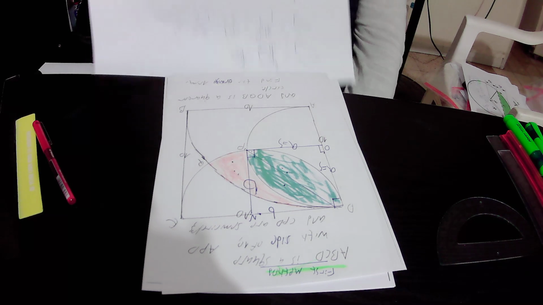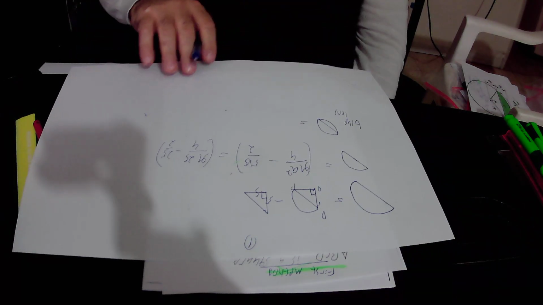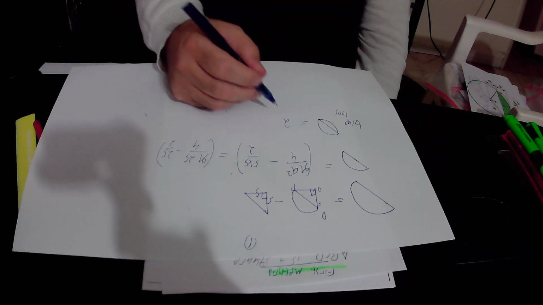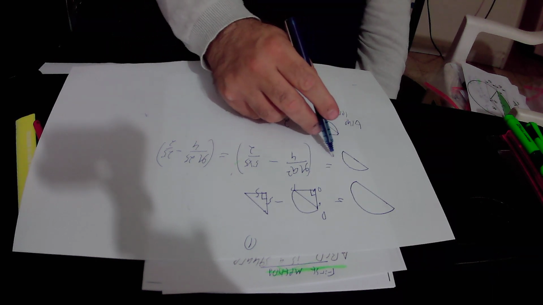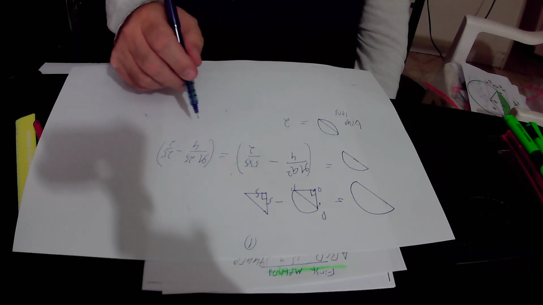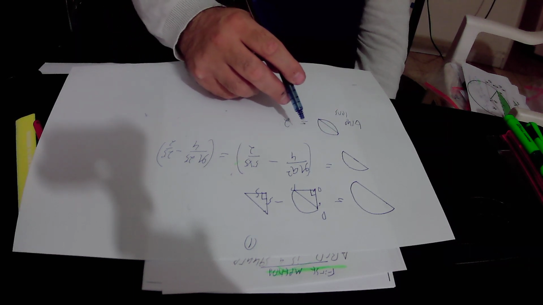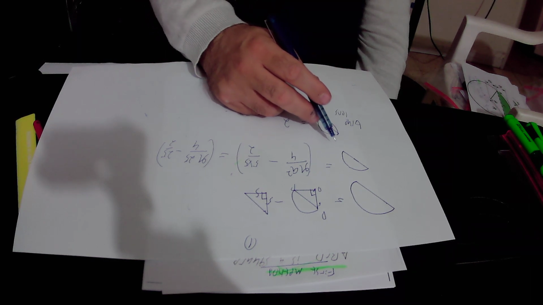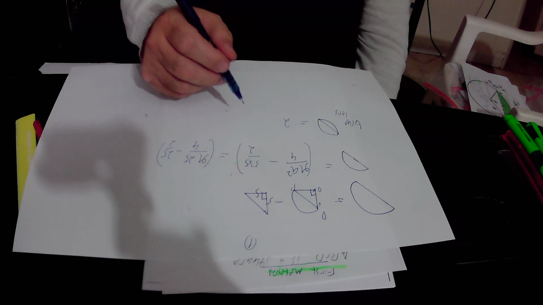So the area of the blue lens will be equal to 2 times the area of a circular segment, because they are identical. We can multiply the circular segment by 2 and we get the area of the blue lens.